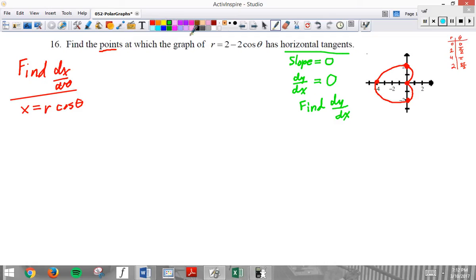Let's highlight in blue this time, because it was blue last time. r equals 2 minus 2 cosine theta. Well, that's r, so x equals (2 minus 2 cosine theta) cosine theta.